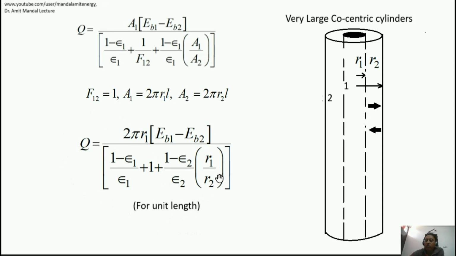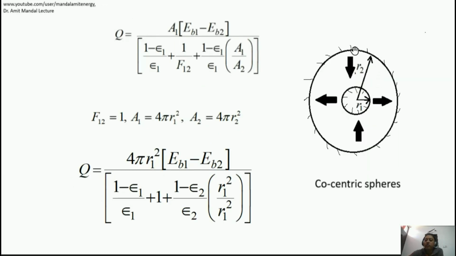Now we will take the case of a sphere enclosed inside a big sphere, a spherical shell. The inner sphere's outer surface is radiating and the inner surface of the outer shell is also radiating, so heat exchange is taking place between the two. In this case also F12 will be 1 because the inner sphere's outer surface is of convex shape, so whatever radiations are emitted are captured by the inner surface of the shell.